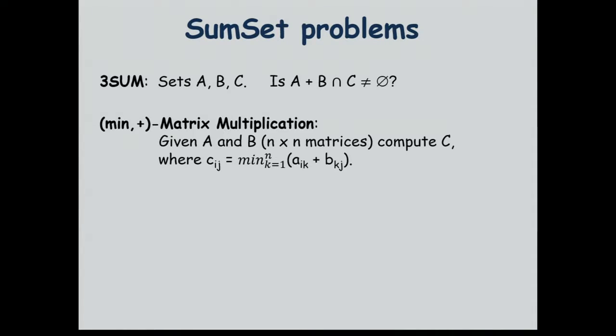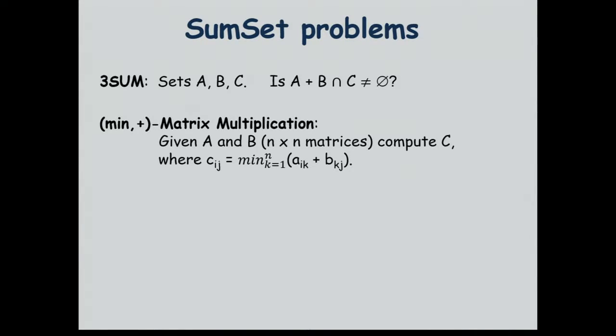So this is what we know about 3SUM, or at least what this workshop would say. I want to take a look at a different, also very important problem, the min-plus matrix multiplication problem. You're given two n by n matrices, A and B, and you want to compute the matrix multiplication of these two. The multiplication is of a special form. You're not looking at the regular matrix multiplication, but at min and plus as operations.